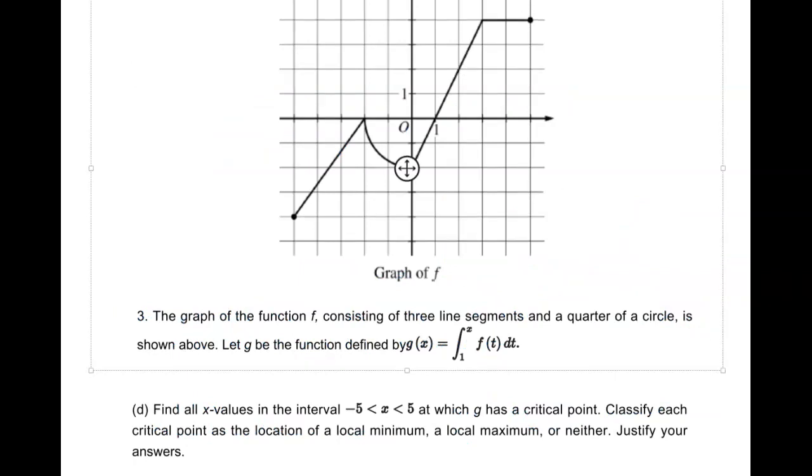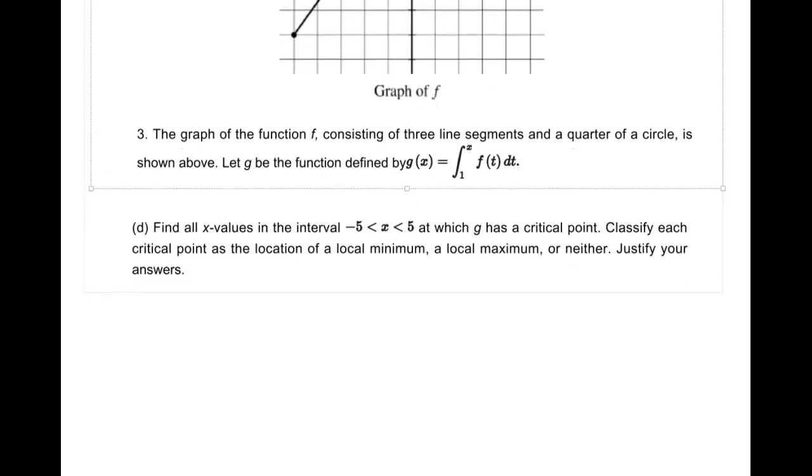Part D, now we want to find all the x values in the interval -5 to 5, which is all we have of the graphs, that's convenient, at which g has a critical point, and we have to classify each as a local minimum, local maximum, or neither, and justify. All right, so critical points occur when the derivative equals 0.